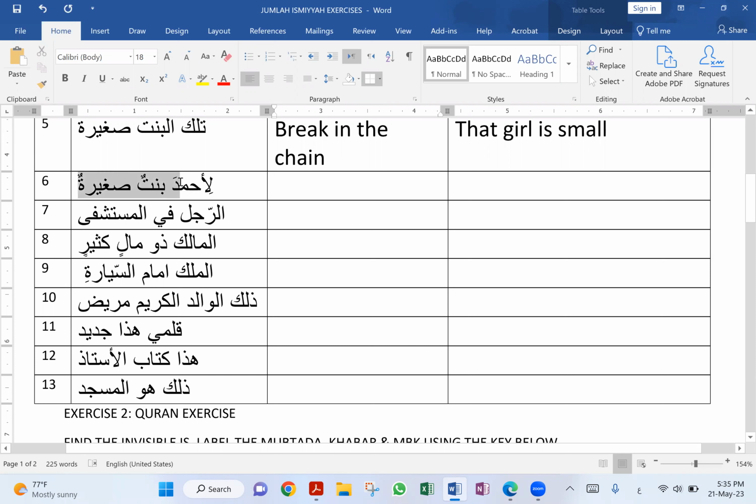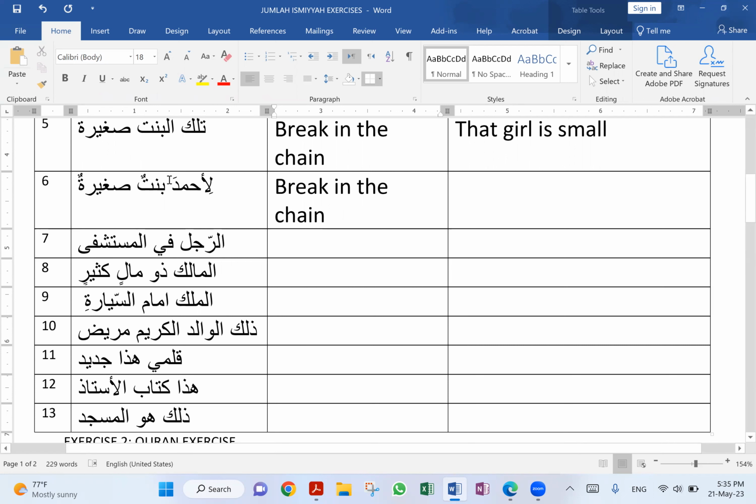When we look at this, we see that Li Ahmada is all joined. It's one word, one bucket. We put that in one bucket. Then we ask ourselves, is there any relationship with bint? Does the bucket have one? No, it doesn't. So that tells us there's a break in the chain, because we have one bucket and then it doesn't continue, then you have something else. Okay.